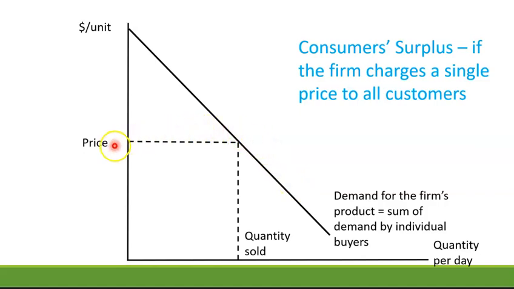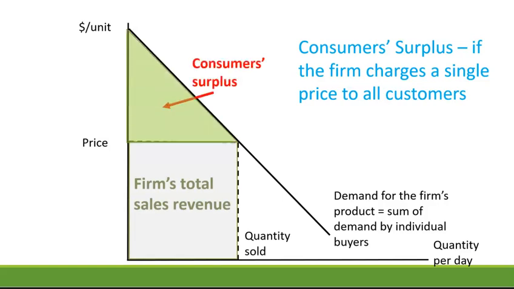And if this particular price is set, of course the demand curve is just telling us how much we're going to sell. So we know that the firm's total revenue is just price times quantity sold, but now we've got a name to attach to the difference between what people would have been willing to pay as described by the demand curve and the actual price that was charged.